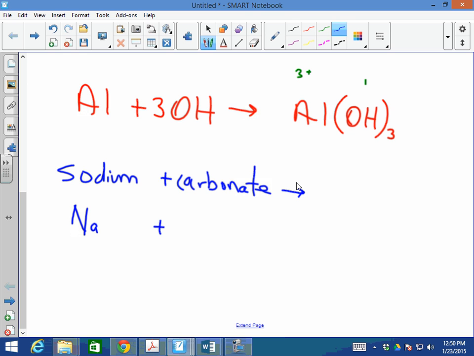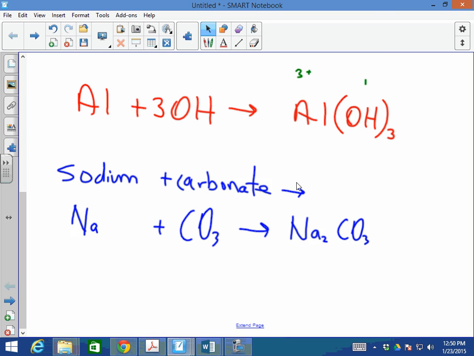If I look at my chart, carbonate should be CO3. Let's make sure of that. Okay, we found it. Good. CO3. Still in synthesis. So we end up with Na, CO3, charge of 2 on carbonate. Therefore, the 2 goes to sodium.